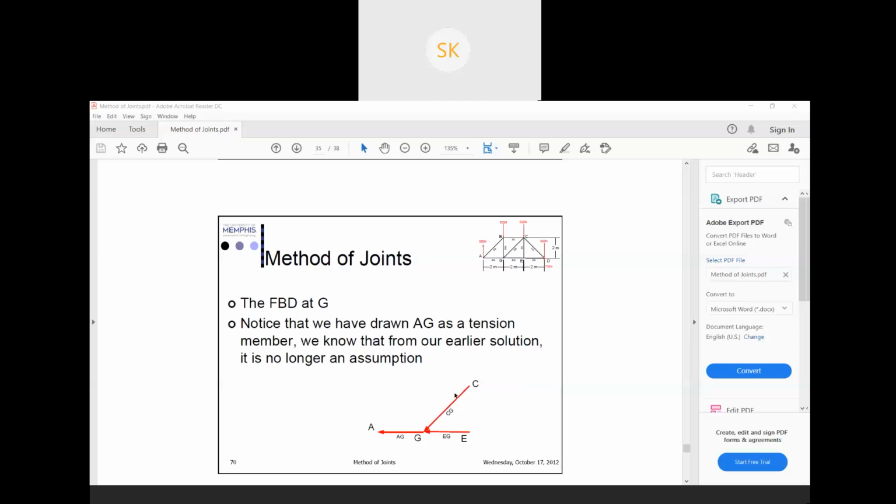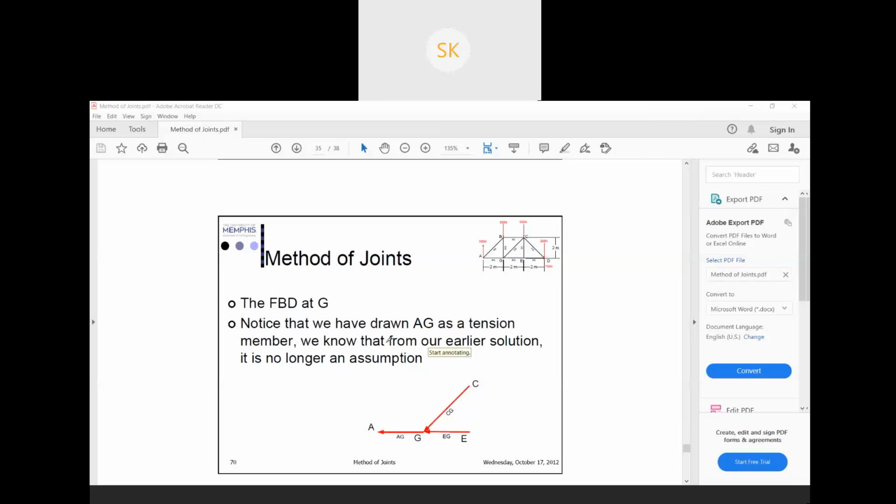Yes, visible. Okay, so see, we have drawn the free body diagram at G. Why is AG in this direction? Notice that we have drawn AG as tension.